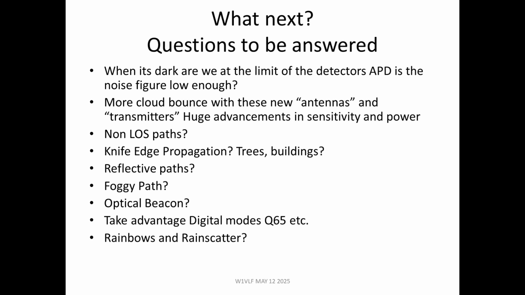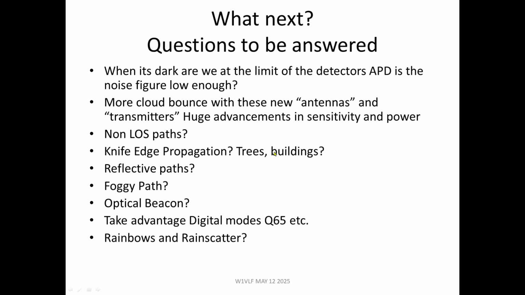More cloud bounce experiments, and if you go back and look at some of my other videos, you'll see that antennas and transmitters have made huge advancements. One thing I'd really like to try is non-line of sight paths with someone pointing up at the sky, at some common volume with the transmitter and receiver, and seeing what happens from there.